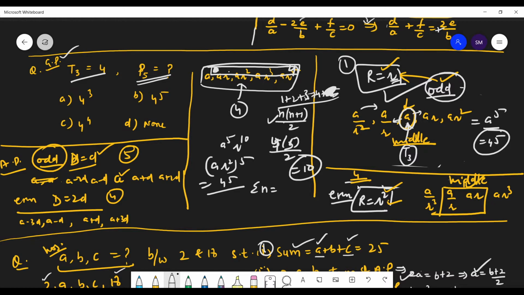Sir, if we look at a GP, any term is written as A R^(n-1), so A should be common, but in 27 and 8, A is not common at all.